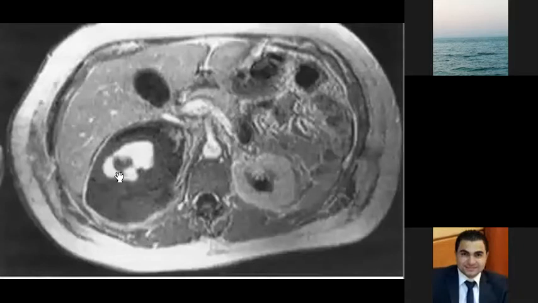There is an intrahepatic lesion, and a retroperitoneal mass. So in the liver, what happened in the liver? Let's go back. The liver, there is intraparenchymal and subparenchymal hematoma.